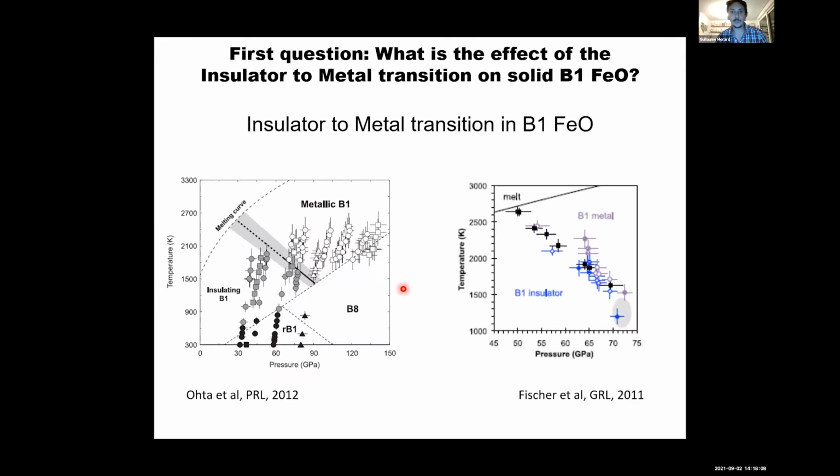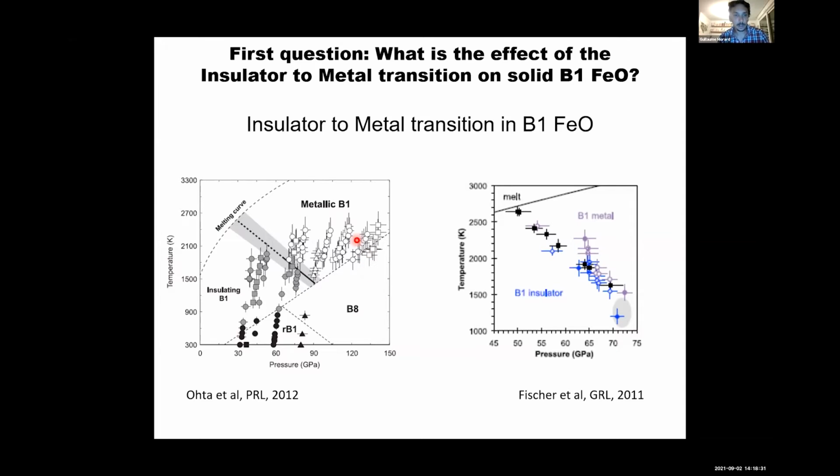The first question I wanted to address was the effect of the metal to insulator transition in the B1 structure of FeO. This transition has been noticed in different ways.